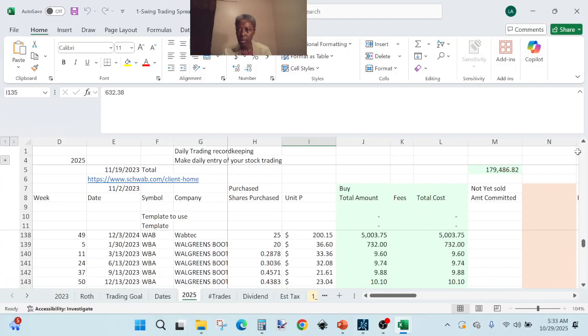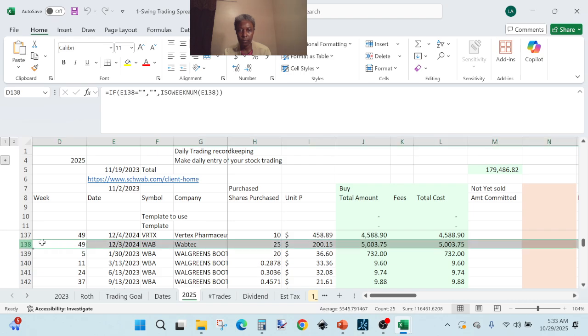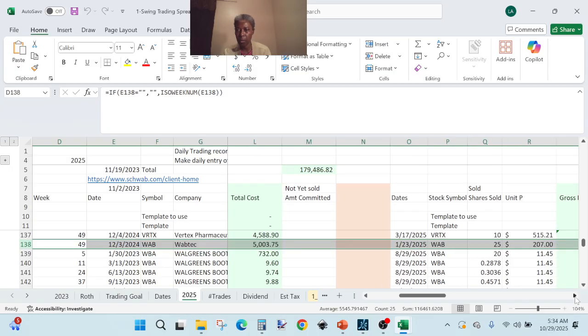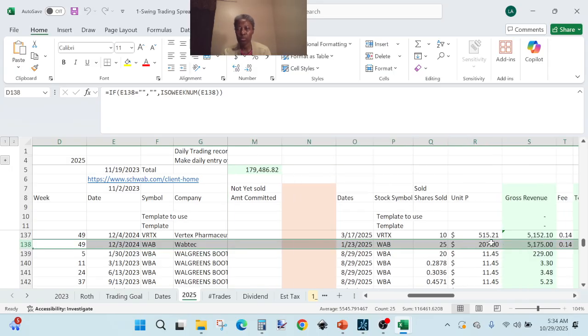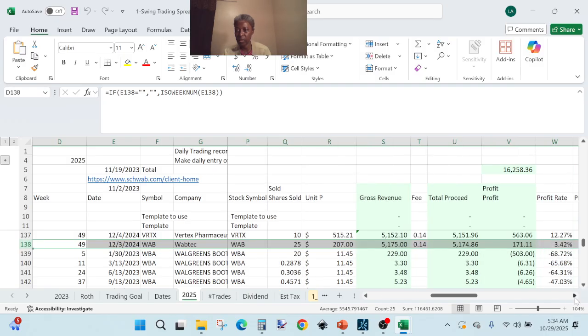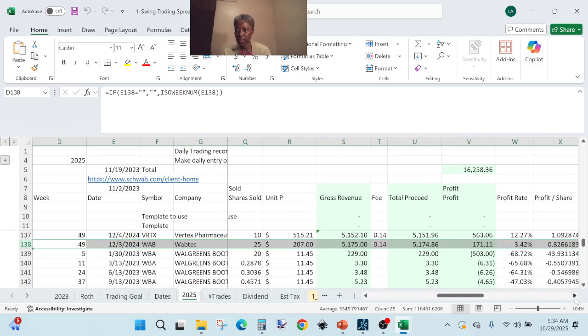WAB. So we bought it in December for $215, and we sold it in January, about a month later, for $207. So we made $7 profit a share there.